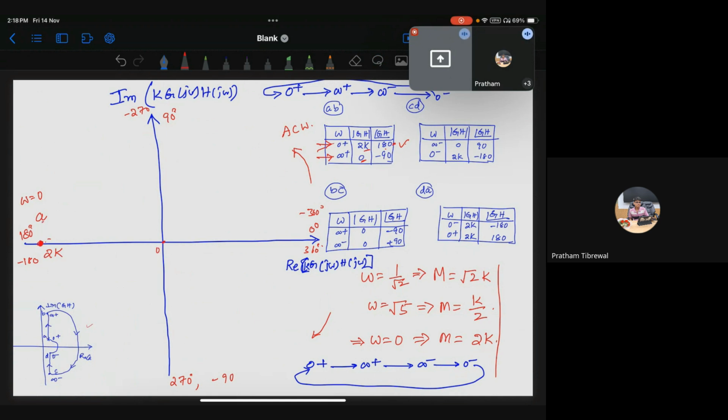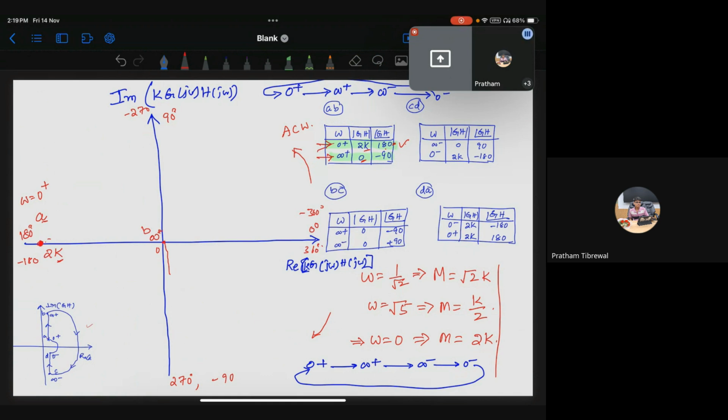So this is A, which is 0 plus, with value 2K, starting at 180 degrees. Is this clear? And the ending is B, which is infinity plus, ending at magnitude 0 and angle minus 90. So it should enter like this to the 0 point. This will be B, which is infinity plus. Is this clear?